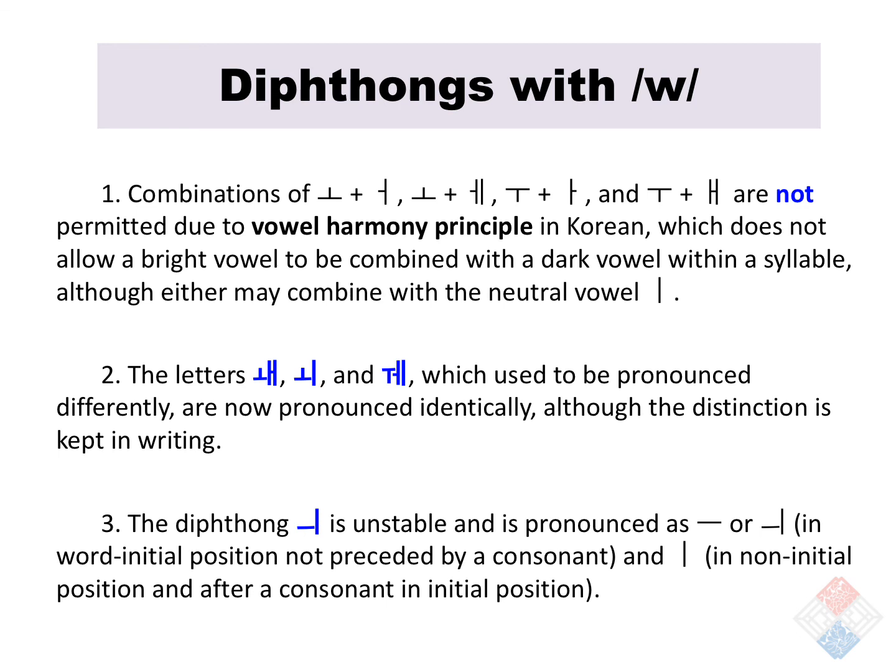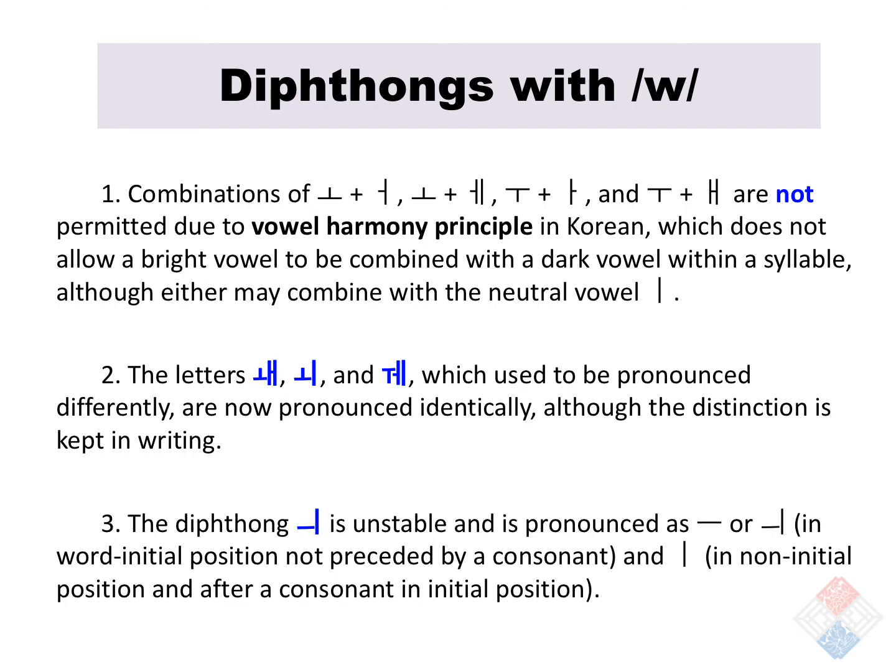O is bright, e is dark. They don't go together. It's kind of like harmony in music. You put major notes together with other major notes, and you put minor notes with other minor notes to get sadder kinds of sounds, right? It's kind of like that, but I wouldn't worry about it too much.